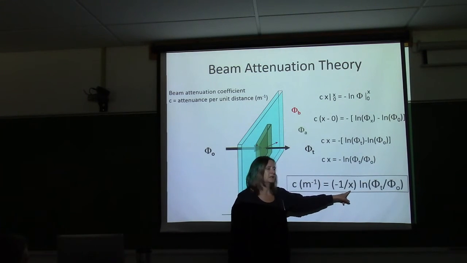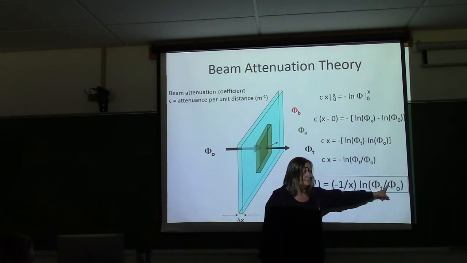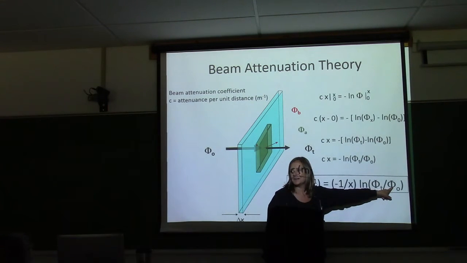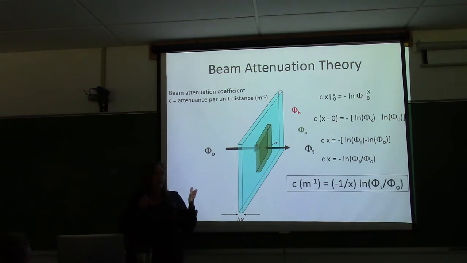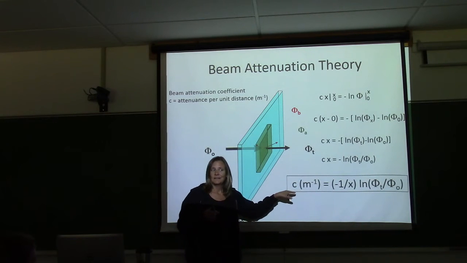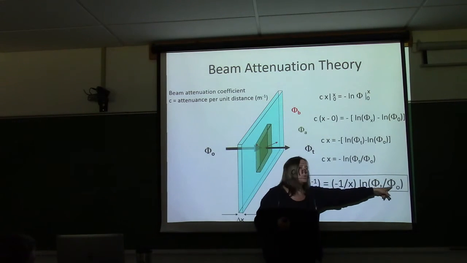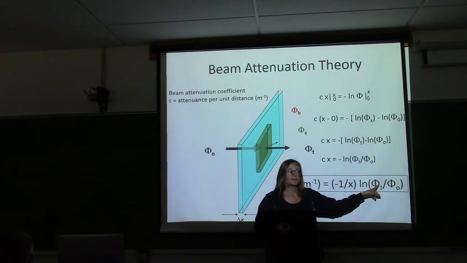Okay? And then what else do we need to measure? We need to know how much light is incident and how much light is transmitted. And our ability to determine the beam attenuation hinges on knowing what the intensity of the incident light is and whether it varies, and it will, and measuring how much is transmitted.